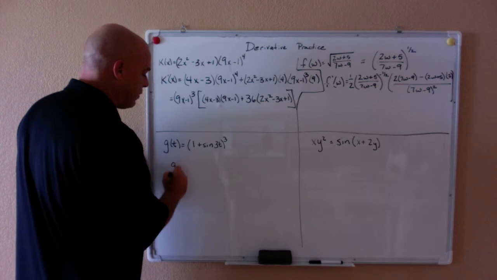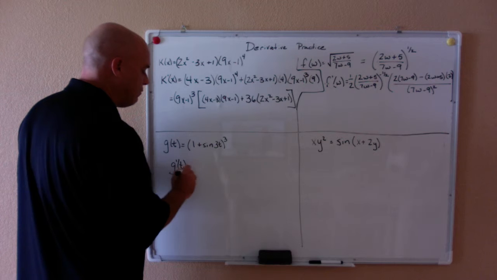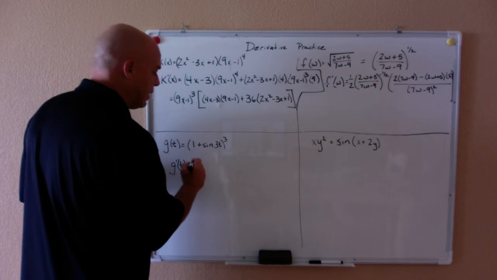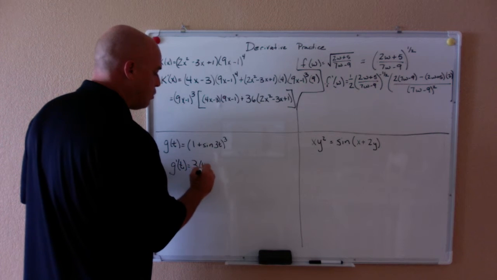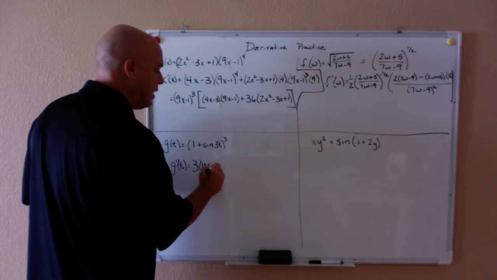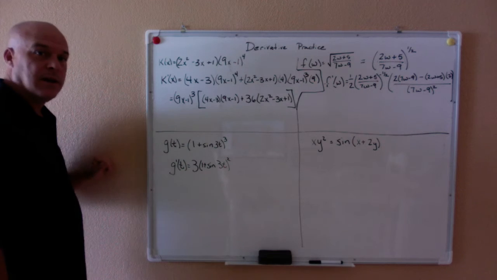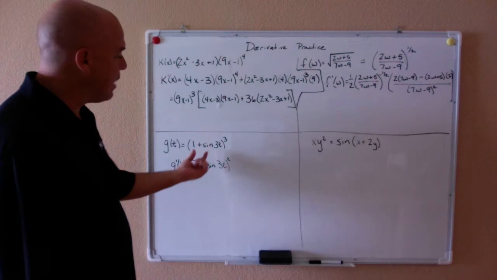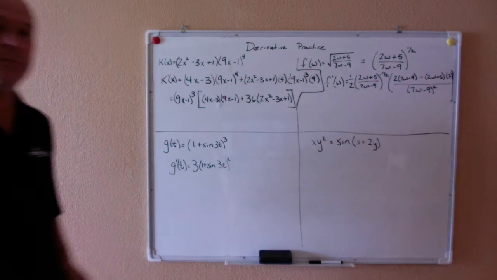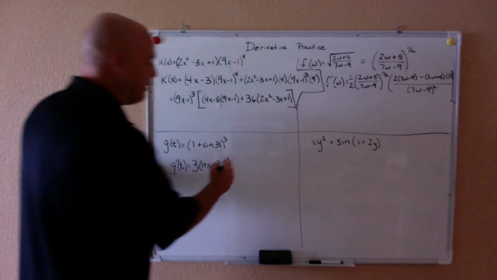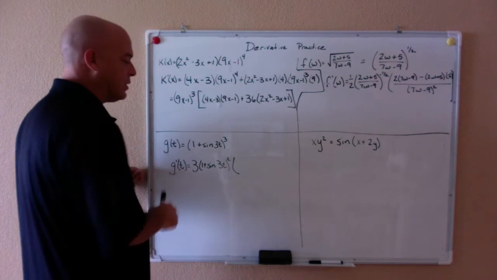So my derivative for this, g prime of t, the derivative of g with respect to t, is going to be 3 times 1 plus the sine of 3t squared. There's the derivative of the outside function. Now I have to differentiate that times the derivative of the inside. The derivative of the inside, the derivative of 1 is 0.